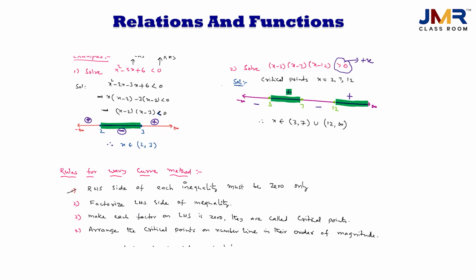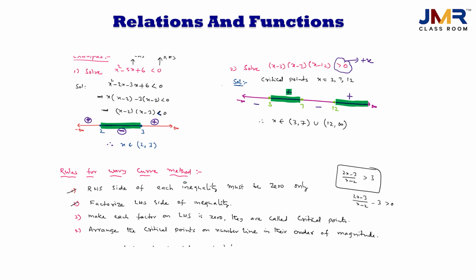For example, if I give (2x minus 3) by (x minus 2) greater than 3, here the RHS is not 0, the RHS is 3. To make the RHS 0, you have to bring 3 to the left side, that is (2x minus 3) by (x minus 2) minus 3 greater than 0. This way you have to rewrite the given problem.